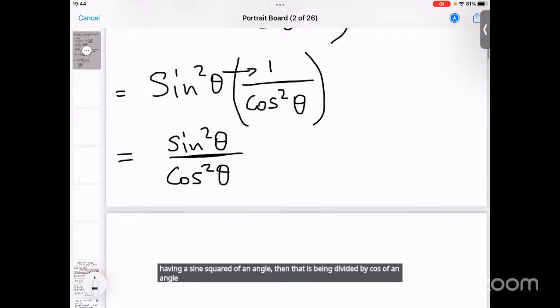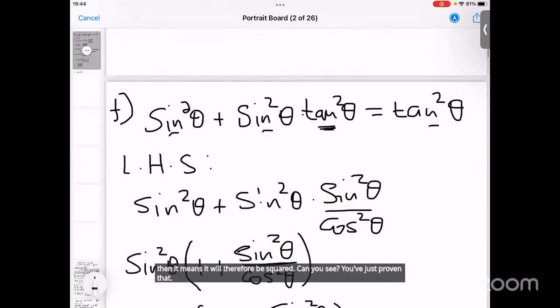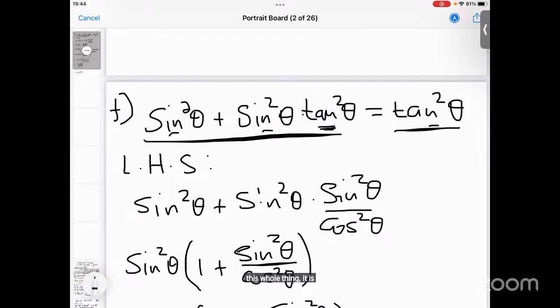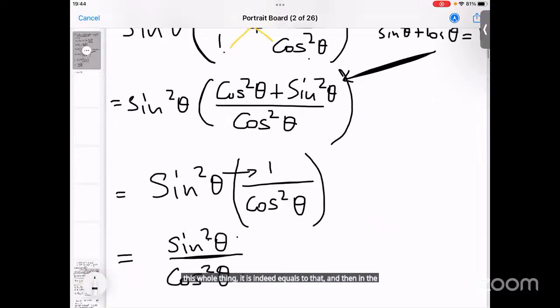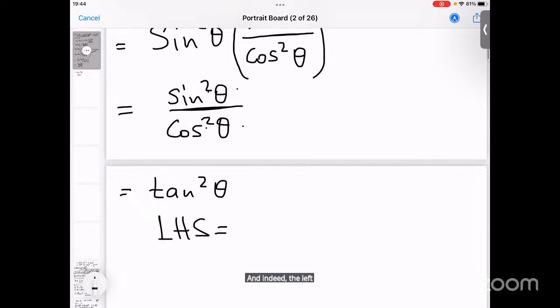Trust me, when I say sine over cos, it will always be tan, but because it's squared, then it means it will therefore be tan squared. Can you see? You've just proven that this whole thing is indeed equal to that. And then in the end, with a big smile, just say, indeed, the left-hand side equals the right-hand side.